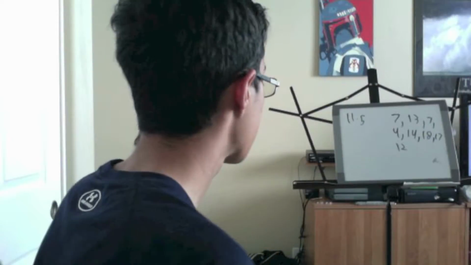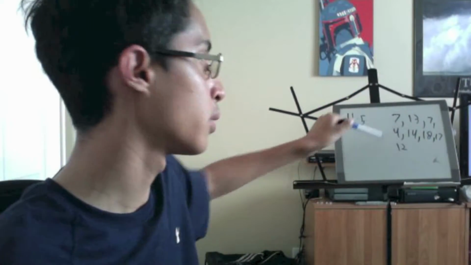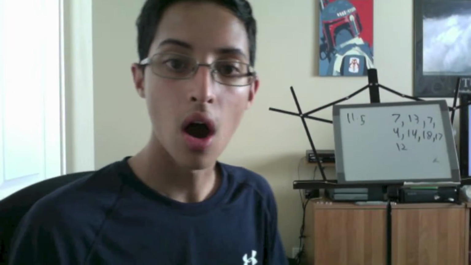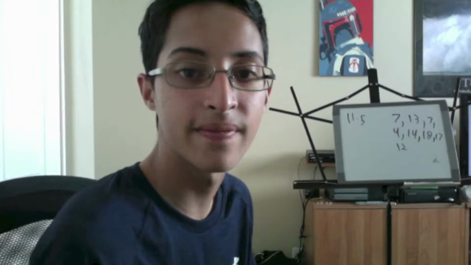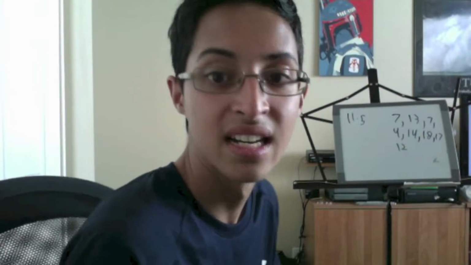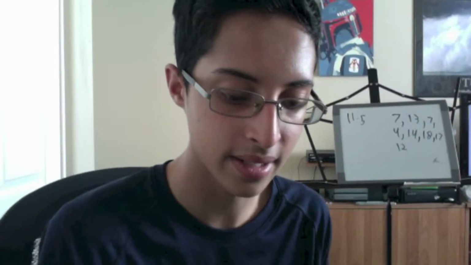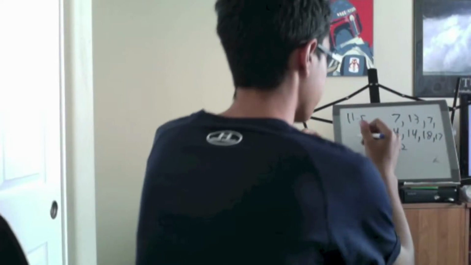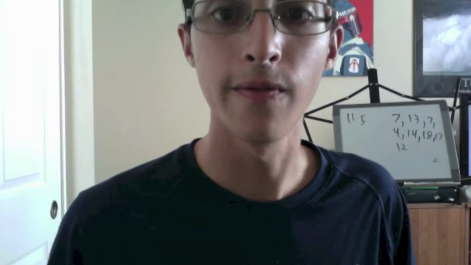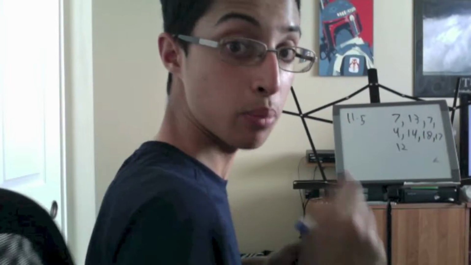Now we're on to step 2, where we have to subtract the number from each individual, in this case, 11.5 minus 7. That's just part 1 of step 2. So 11.5 minus 7 equals 4.5, but we're not done, because we have to multiply 4.5 times 4.5. That's 20.25.